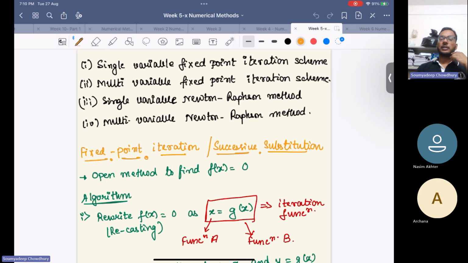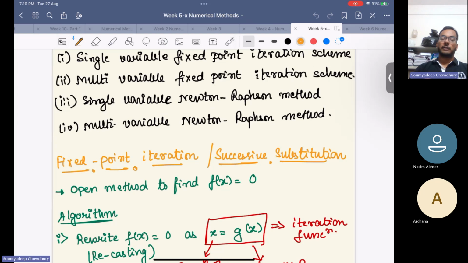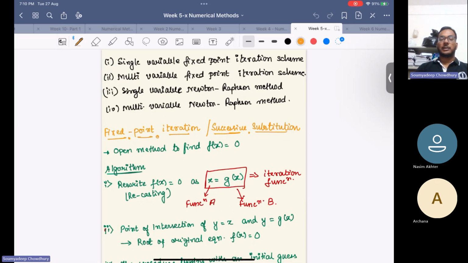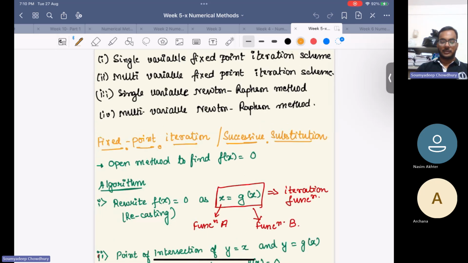For any numerical technique of solving roots, you must understand the graphical interpretation. Otherwise, you will lose the essence and importance of that method. If you just memorize the formula, you can pass your assignments, but to apply it in a particular scenario, you will not be able to unless you understand the graphical thing. So I stress the graphical interpretation approach. You should study that again and try to understand.